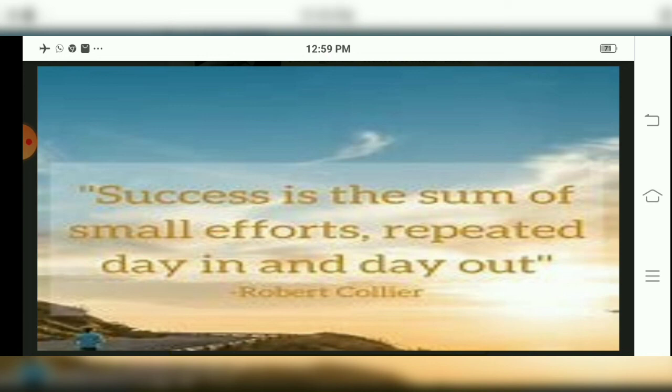And last, I want to mention a quote in this chapter: success is the sum of small efforts repeated day in and day out. According to Robert Collier, success is a small effort. So we have to make efforts repeatedly, practice it.